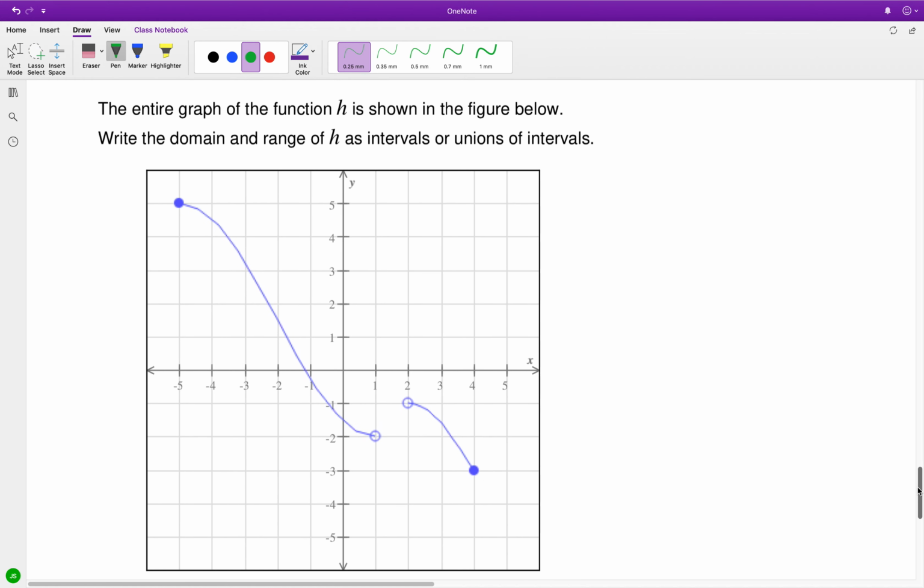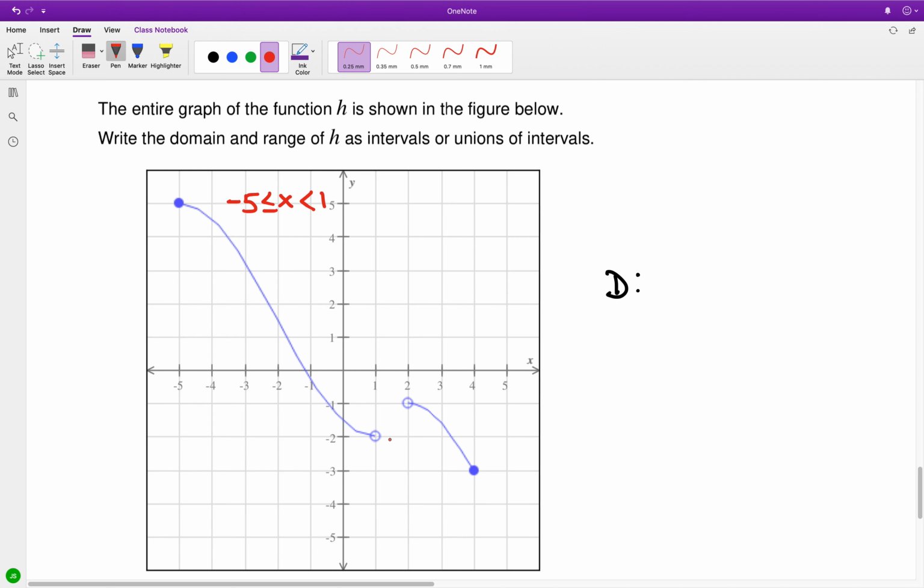Now, in the case of the domain and range of this particular graph, this is going to have a bit of a different twist thrown in. If we look at the domain, for x we have -5, and thanks to the solid point, it is less than or equal to x, and we keep traveling until we reach a saturation point, so that x is less than 1.